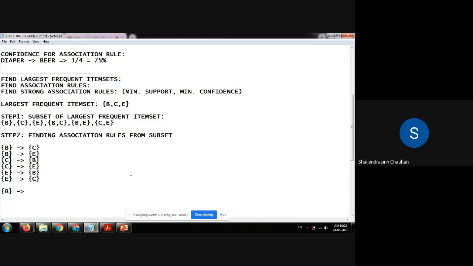So out of all this subset of size 2, in which item set you are not having B, C. So on right you will be having C. Then let us say C. On right hand side you need to choose such a subset where you are not having C inside that. Let us B out of those three. Then on left hand side E. Out of this, in which item set you are not having E, B, C.